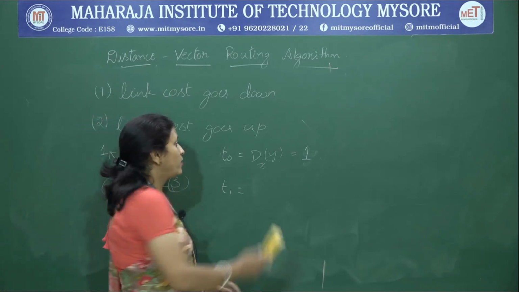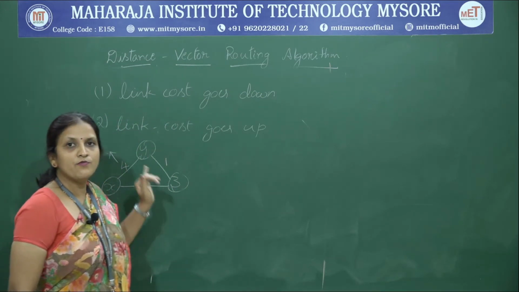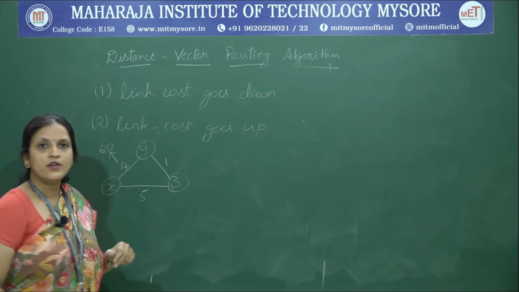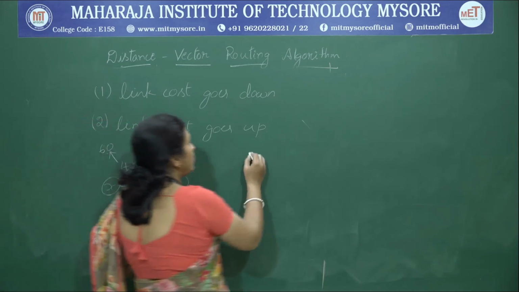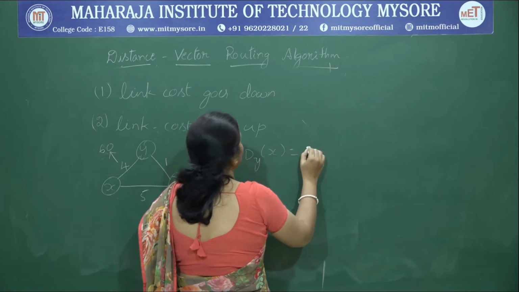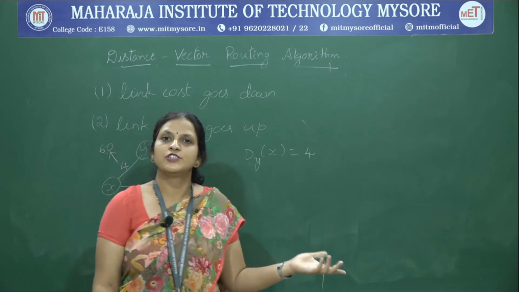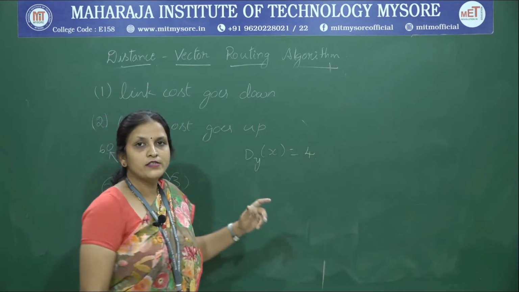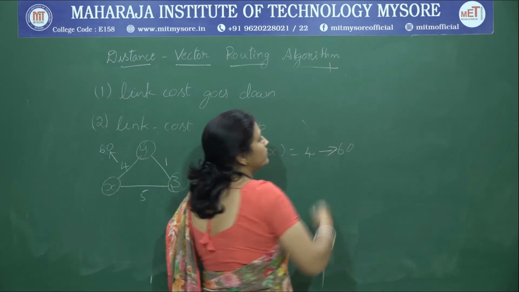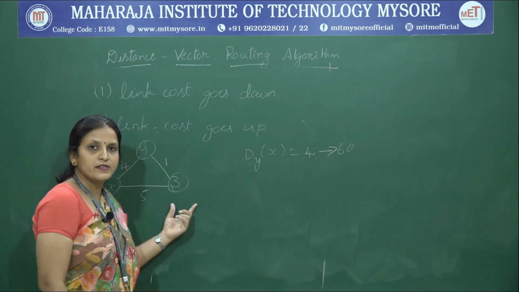But in the second scenario, if the value goes up from 4 to say 60, what will happen? Initially we had some value as 4, now for some reason, might be due to congestion or something, it has risen to 60. So, dyx is directly raised to 60. The same information is propagated to its neighbors, that is x and z.